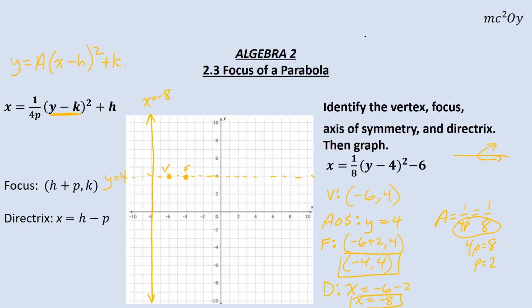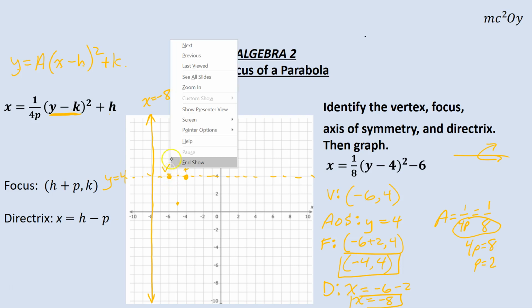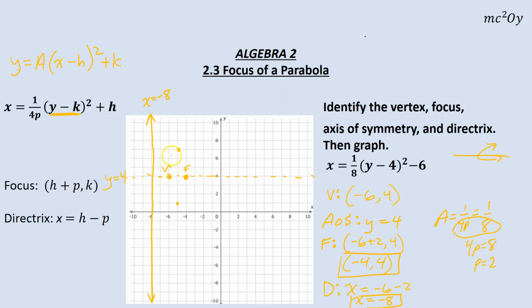So if we start plugging in values, I could plug in say -5 for x, and I would get 1 out, so about 1 out, right about there, and about there. I can keep graphing here, go 1 about there, and if I put in -4 about right in there.